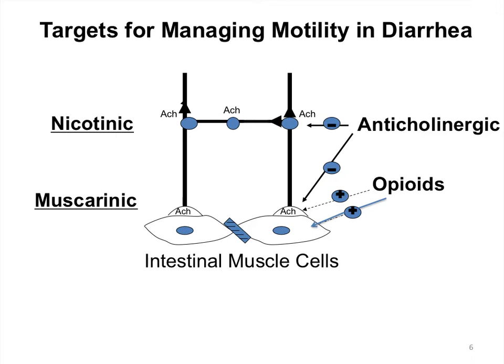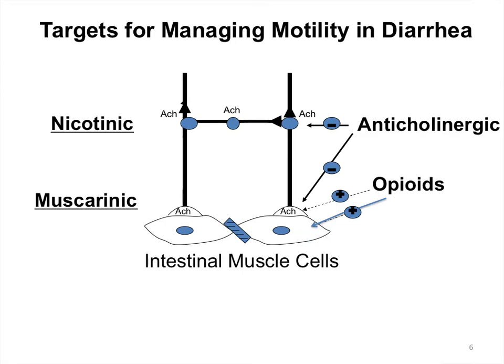Now, when we come to opioids, opioids work directly to enhance acetylcholine's effect and also have a direct effect on the intestinal smooth muscle to increase particularly the circular smooth muscle segmentation. So these drugs have an effect on motility that is basically right at the final mechanism at the smooth muscle.